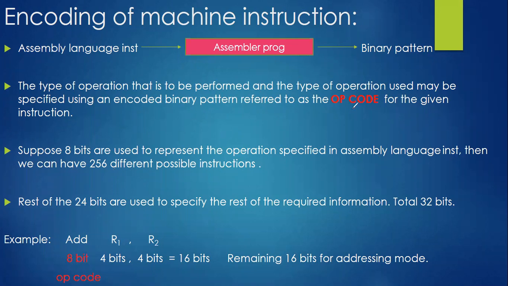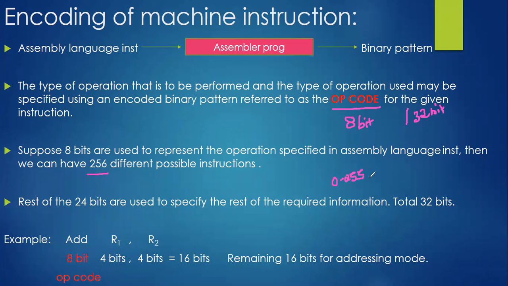In our examples we are considering a 32-bit instruction. Out of these 32 bits, if we consume 8 bits for the opcode, then how many different instructions can I represent? 256, that is, 0 to 255.